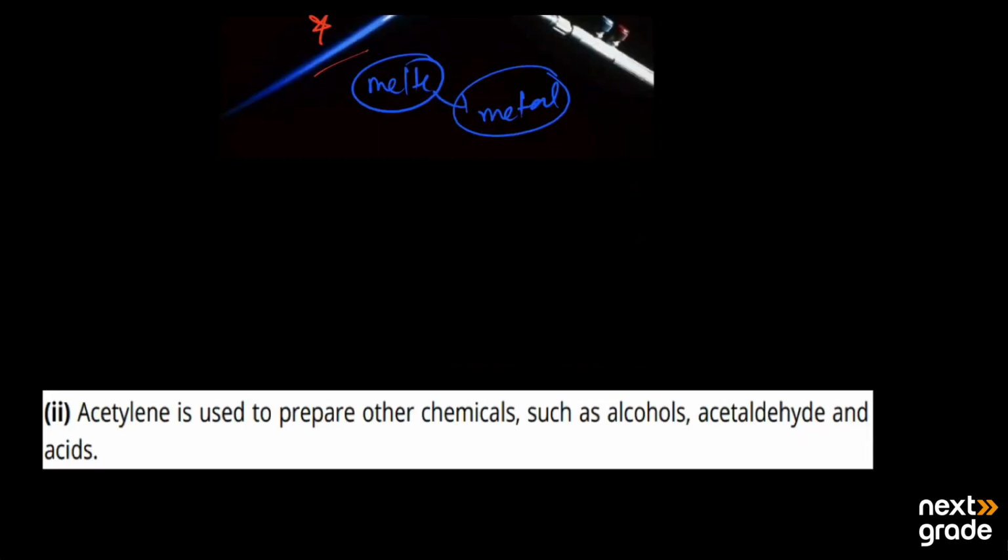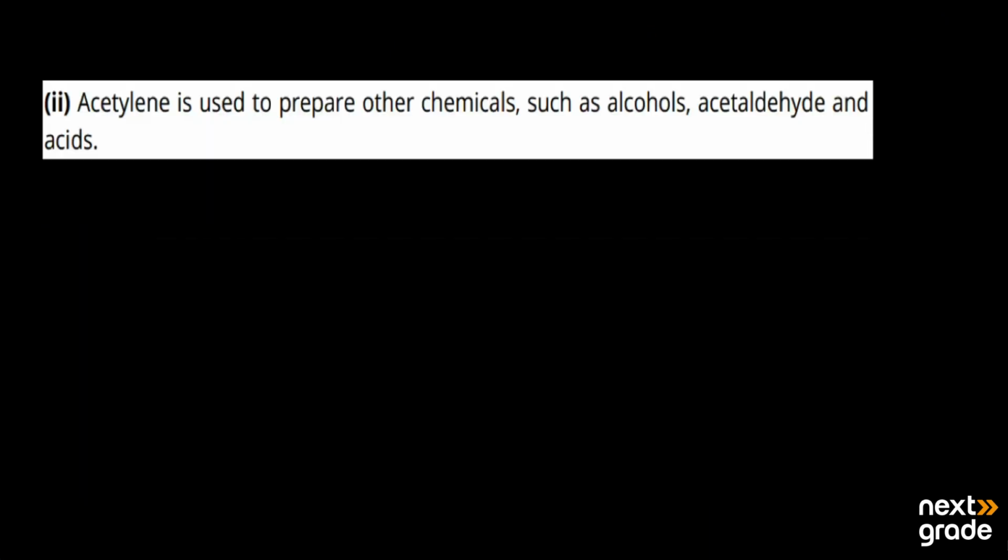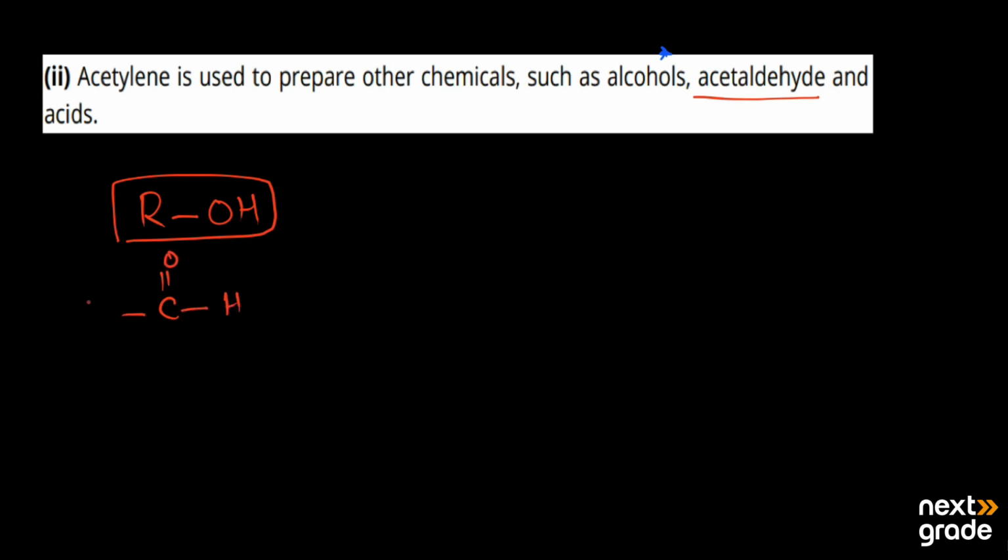Then we have its second use: acetylene is used to prepare other chemicals, and these chemicals are alcohols. Alcohols have a simple formula, an alkyl group and a hydroxyl group. It is also used for the production of acetaldehyde, which is a simple aldehyde in which, of the two carbon atoms, one carbon has a hydroxyl group along with one hydrogen, and the other side has a simple alkyl group.